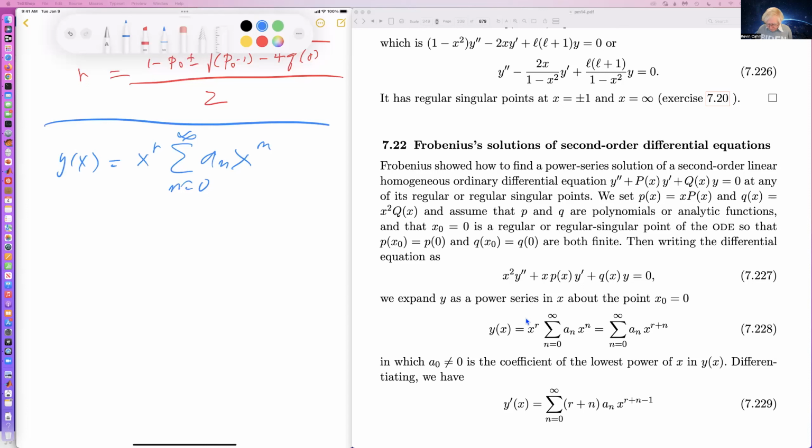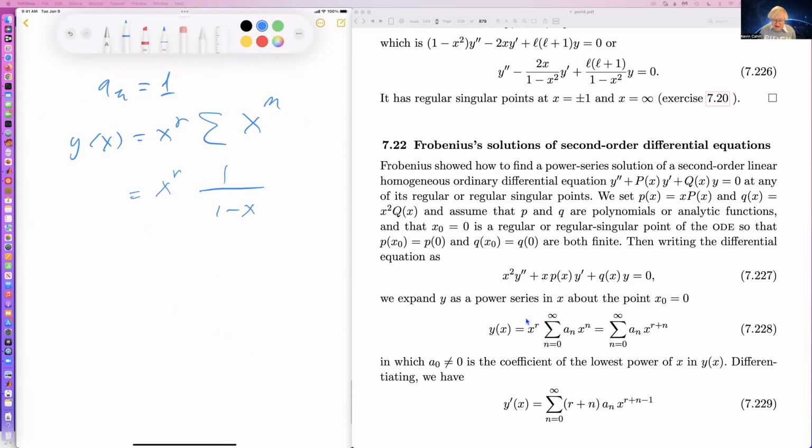Well, suppose all the a_n's are equal to 1. Then y of x is x to the r, sum x to the n, and this is x to the r, 1 over 1 minus x.